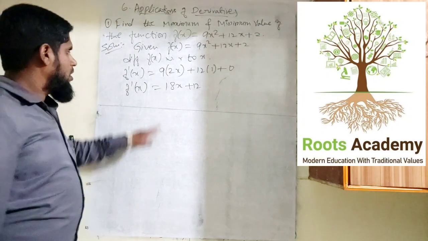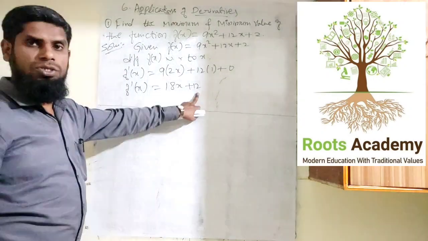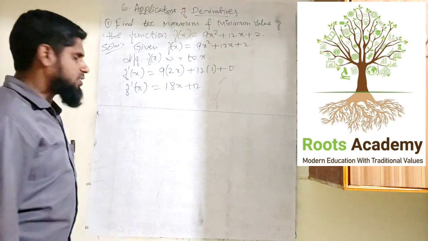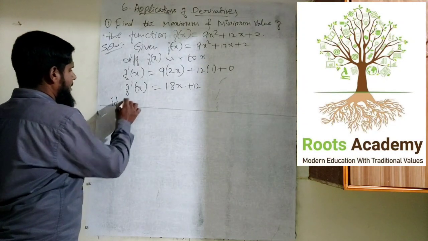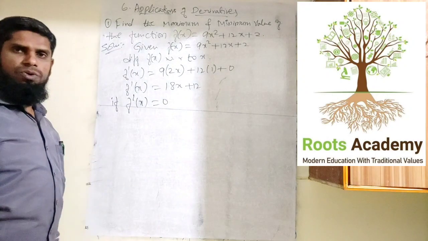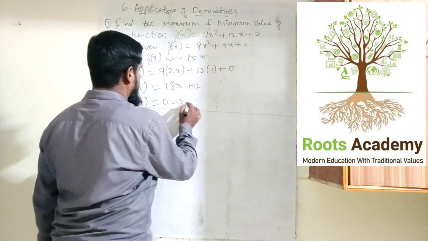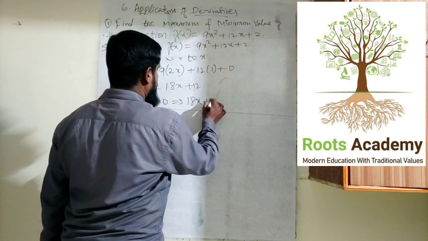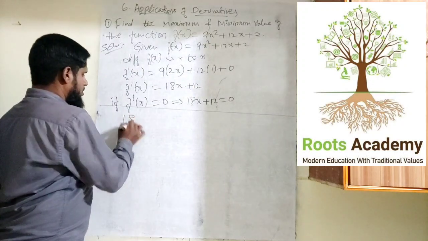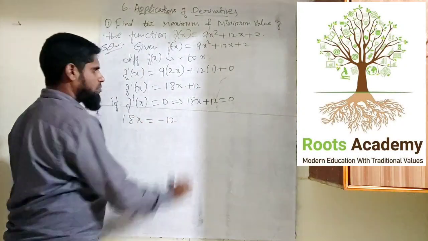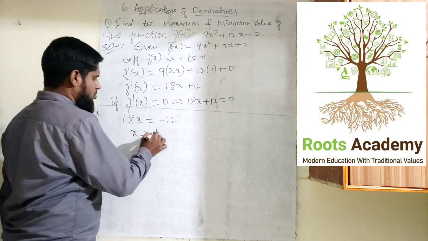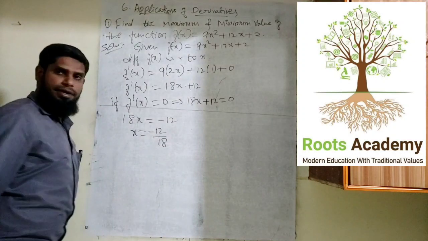Okay students, I got the derivative as 18x plus 12. So let us consider that its derivative is 0. If f dash of x is equal to 0, then this implies 18x plus 12 is equal to 0. That means 18x is equal to minus 12 and x is equal to minus 12 by 18.